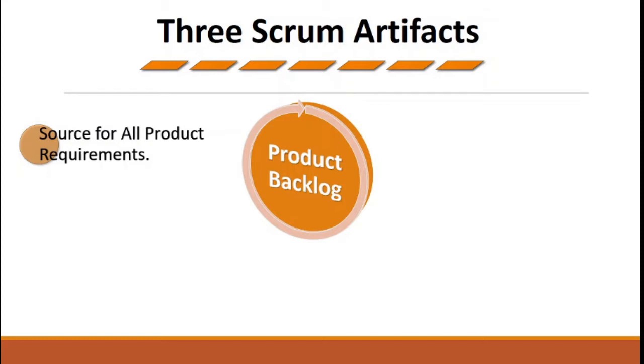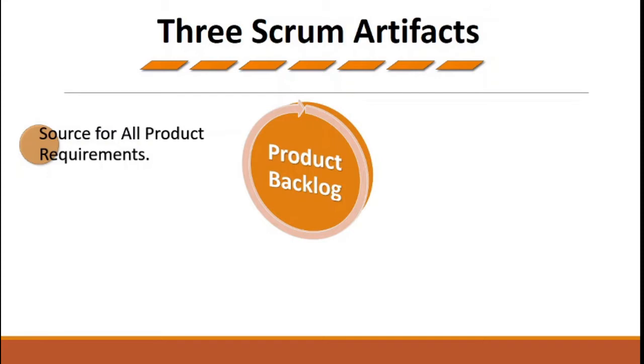These inputs are the requirements of your project. All the requirements are gathered by the product owner, and then the product owner is gathering all this information in some sort of a registered or storage repository, and this repository is referred to as the product backlog, because the product backlog is the source of all your project requirements.